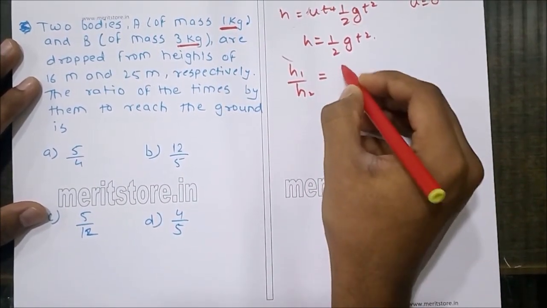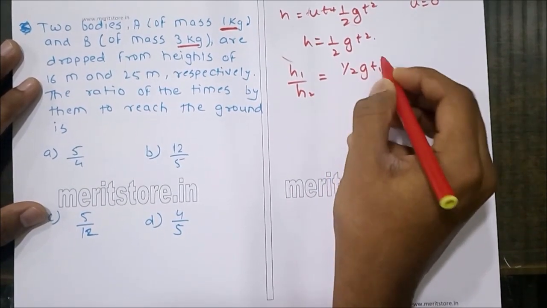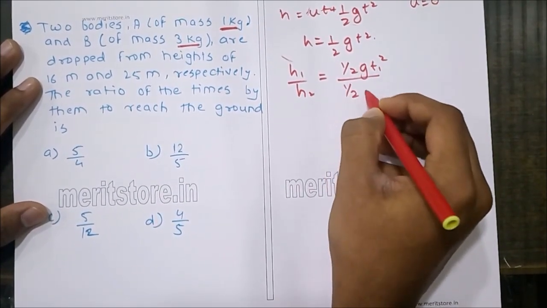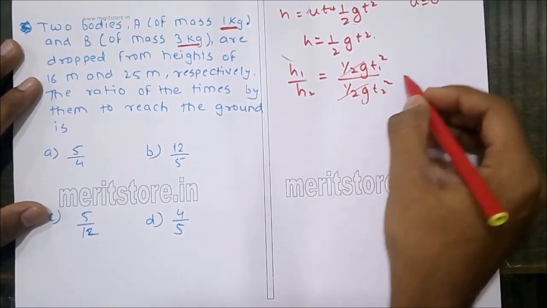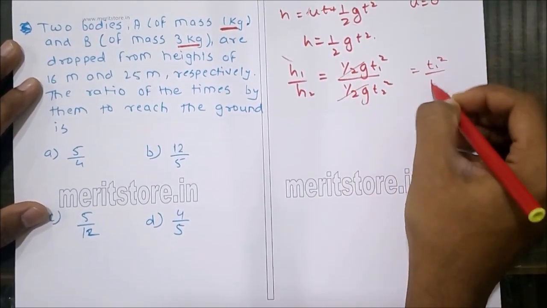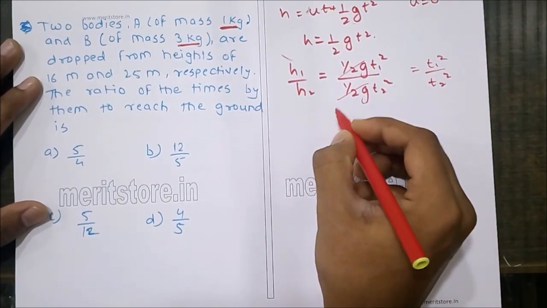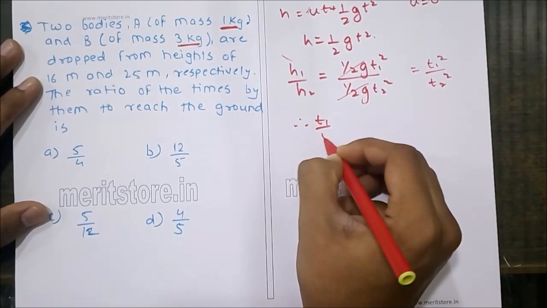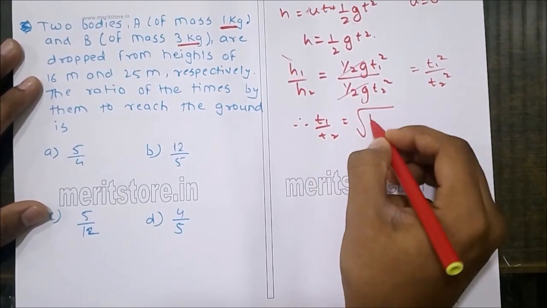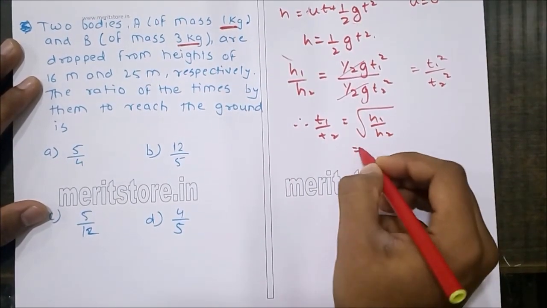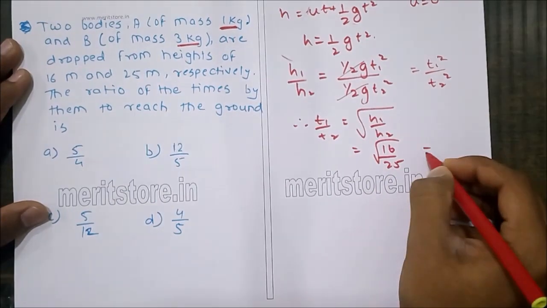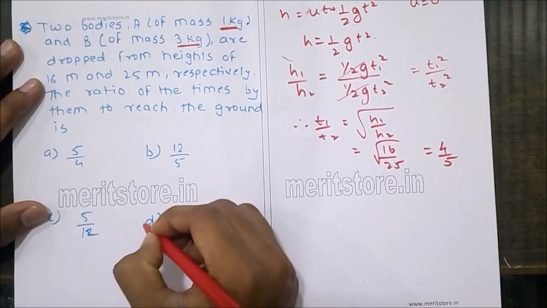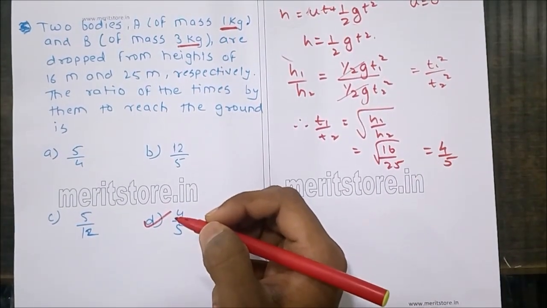So h1 by h2 can be written as half g t1 square by half g t2 square, which is equal to t1 square by t2 square. So t1 by t2 is the root of h1 by h2, which is the root of 16 by 25, which is 4 by 5. Hence option D is the correct answer.